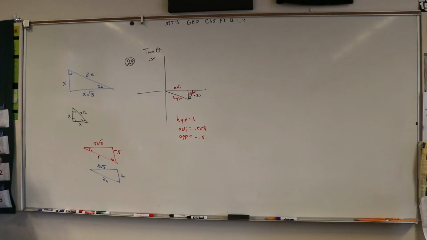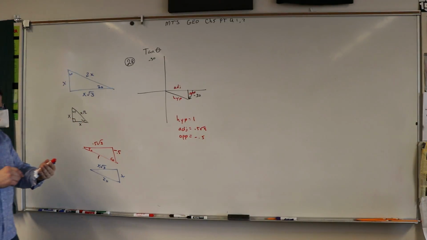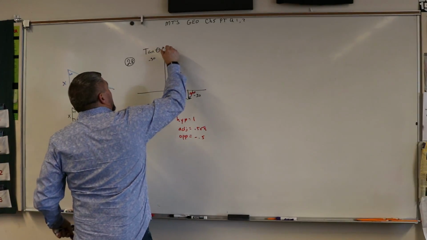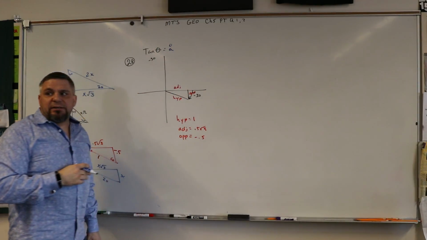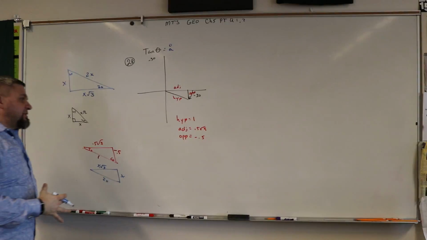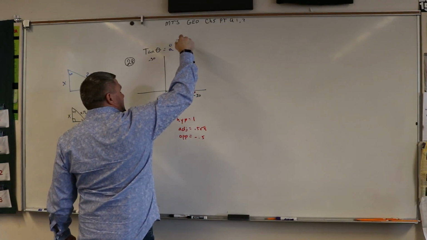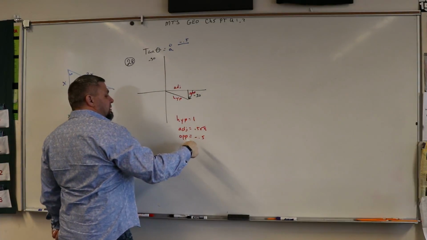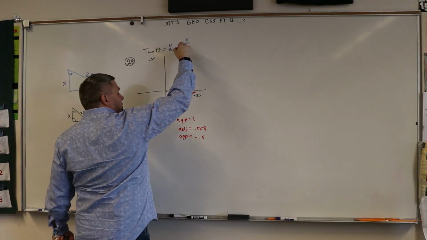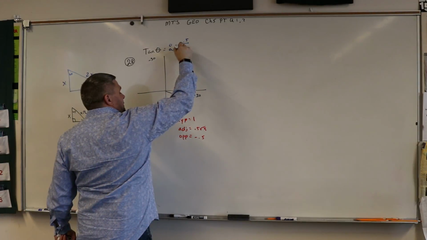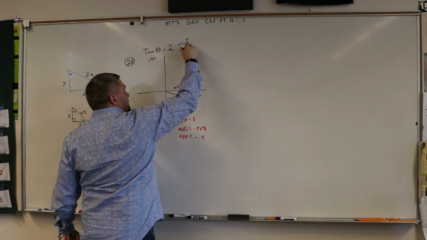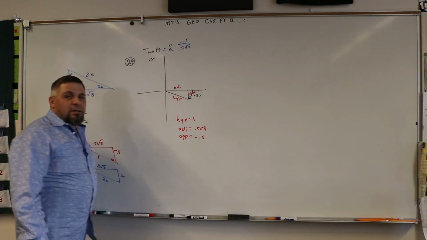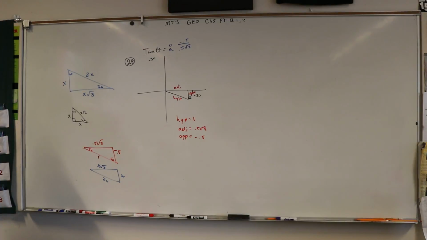And so now we just do what tangent is. Tangent is opposite over adjacent, right? So tangent is negative 0.5 over 0.5 square root 3. Now in this case, the 0.5s cancel each other out, right?